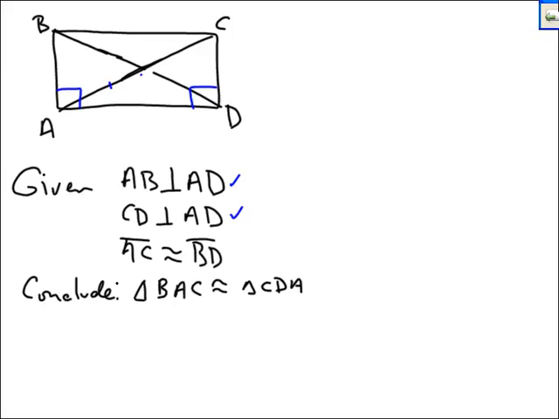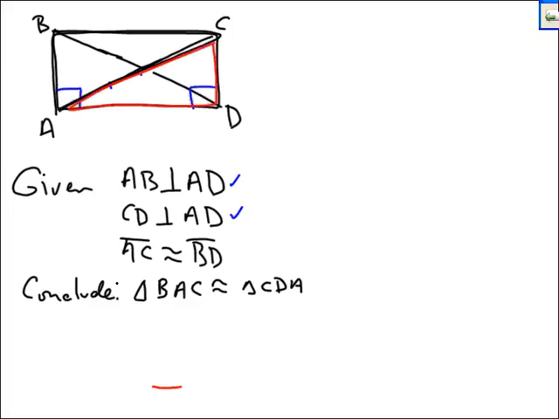We want to conclude that BAD, this top triangle, and CDA, this lower triangle, are congruent. They have the top left and the bottom right.